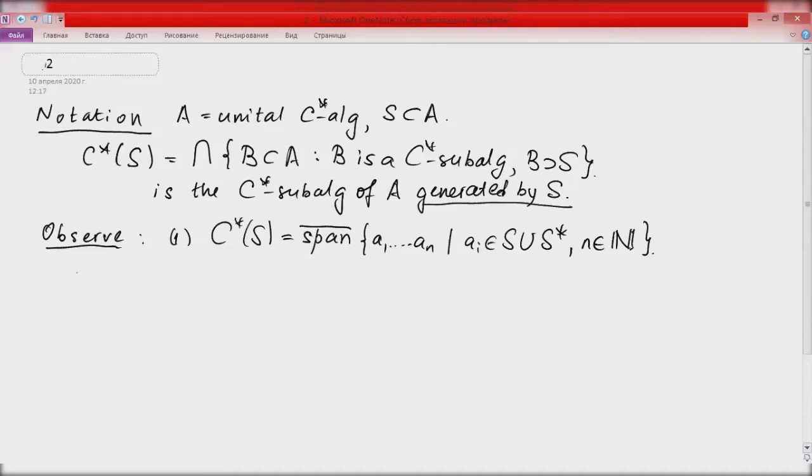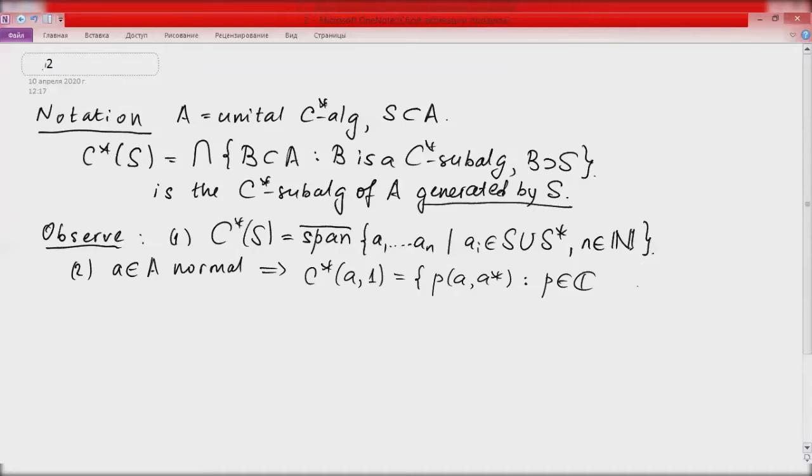And a special case, if little a is a normal element of our algebra, then the C-star subalgebra of A generated by a and the identity element is the closure of all elements of the form P of a, a star, where P runs over the algebra of polynomials in two variables.